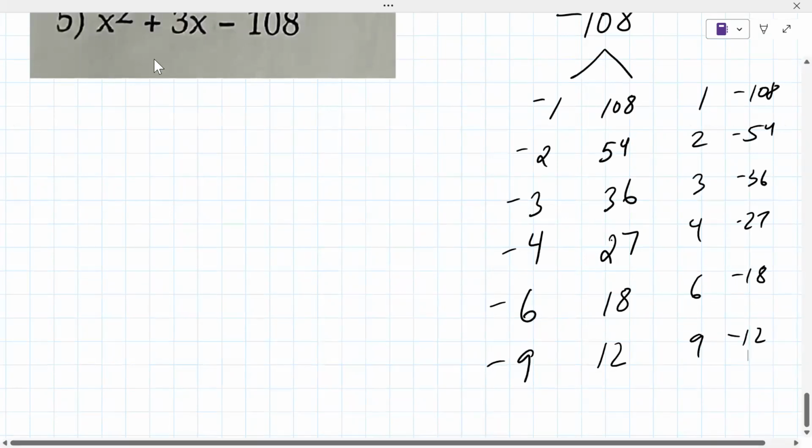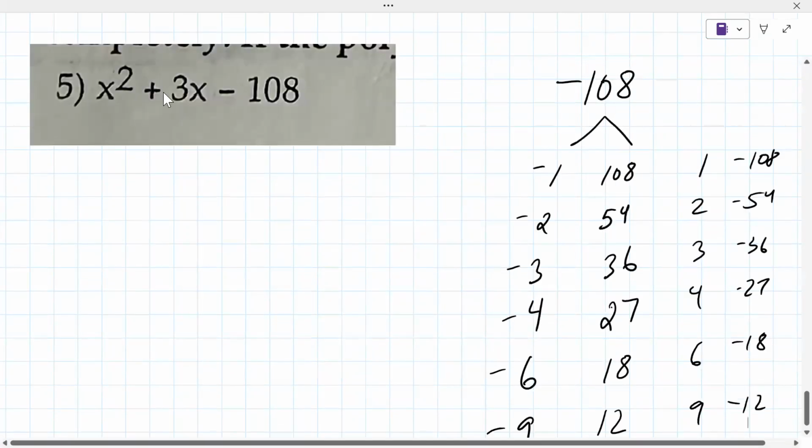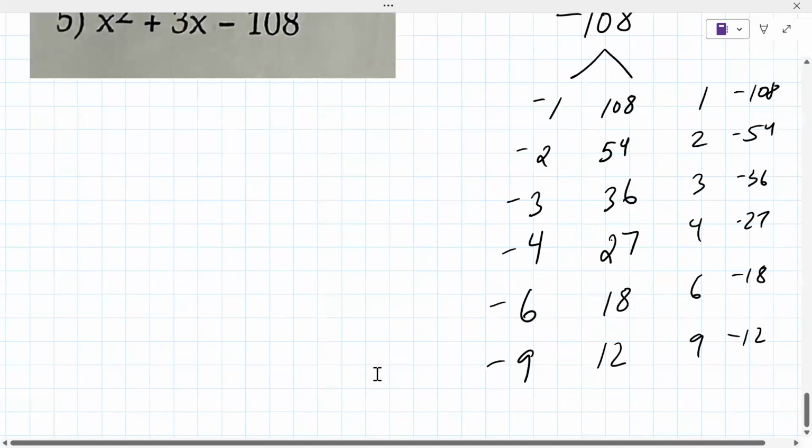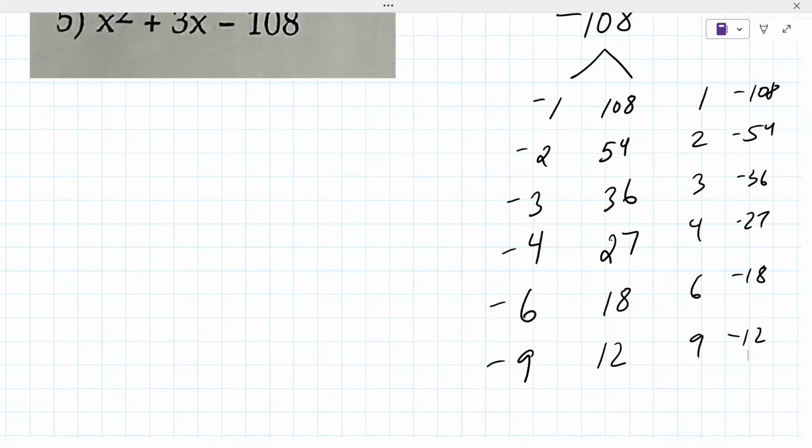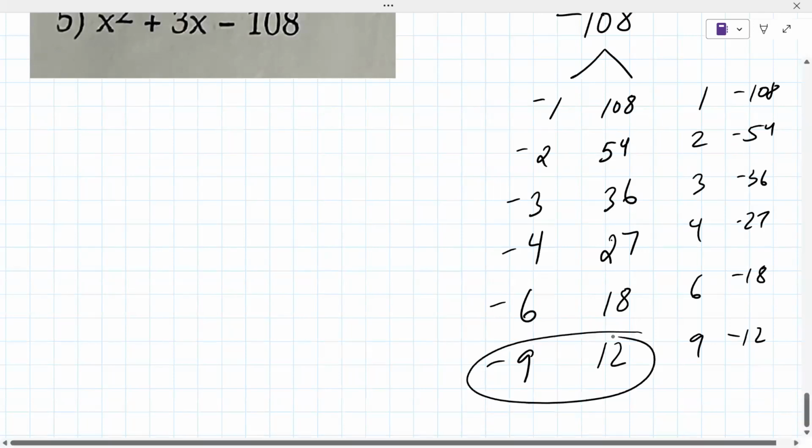We want one pair to add up to positive 3. Do any of these add up to positive 3? The 9 and 12. Which one? The negative 9 and the 12. Yeah, so this becomes x minus 9, x plus 12.